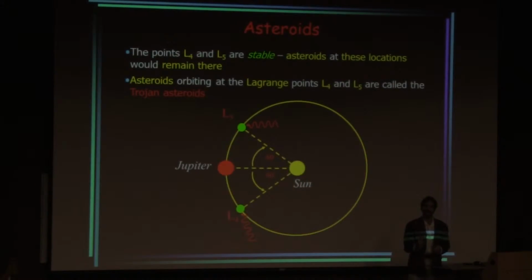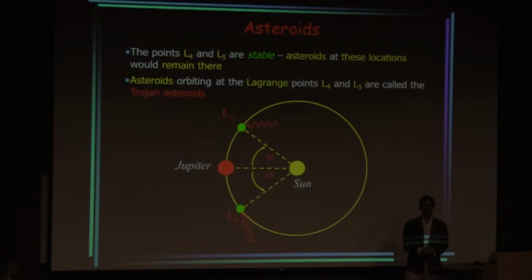So it's an equilibrium point, but it's a stable equilibrium because you get a restoring force, a gentle restoring force that will shepherd those asteroids back to L4 or L5. Completely different from L1, L2, and L3, which are unstable. Okay? So that's why we see the Trojan asteroids at L4 and L5, because of that stability idea of having a force that actually shepherds the asteroids back to those locations.